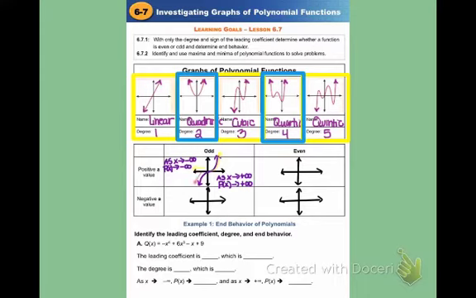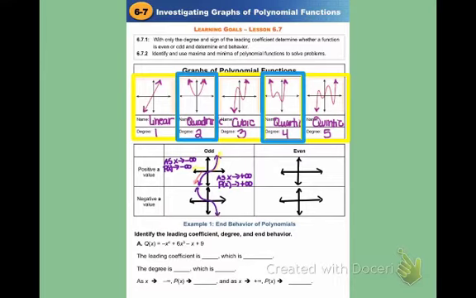Now if I wanted to look at an odd function that would have a negative a value, in other words, a negative number in front of the x cubed term, then that cubic graph would look like this. As I was going to the right of the y-axis, that part of the graph would be decreasing, something like this.